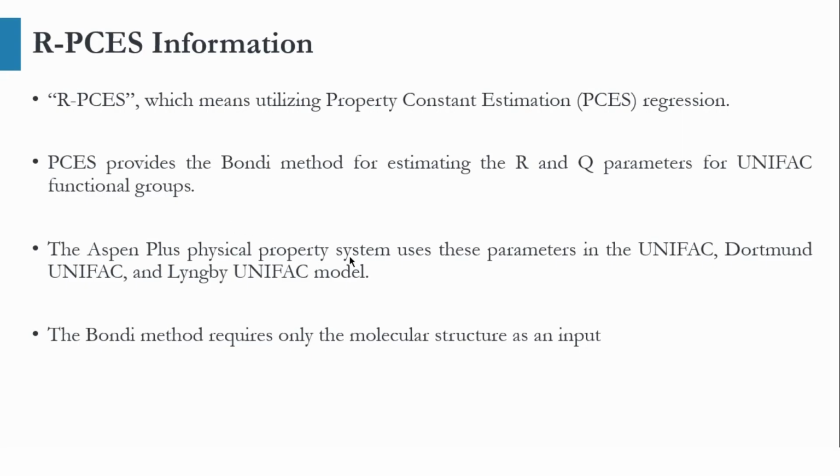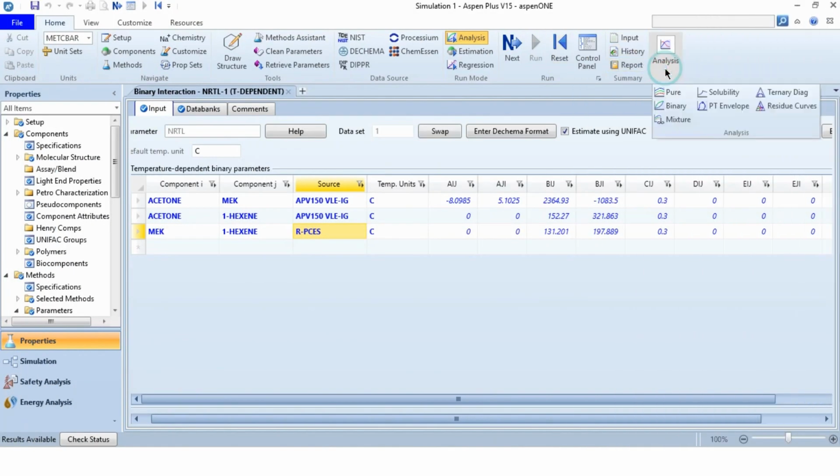The Aspen Plus physical property system uses these parameters in the UNIFAC, Dortmund UNIFAC, and Lyngby UNIFAC models. And the Bondi method requires only the molecular structure as an input. So this is one of the sources, which is PCES, property constant estimation, that also provides the information of the missing binary interaction parameters. Now we will go on to the analysis.